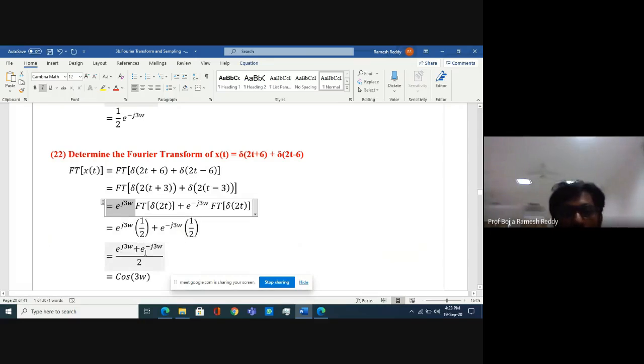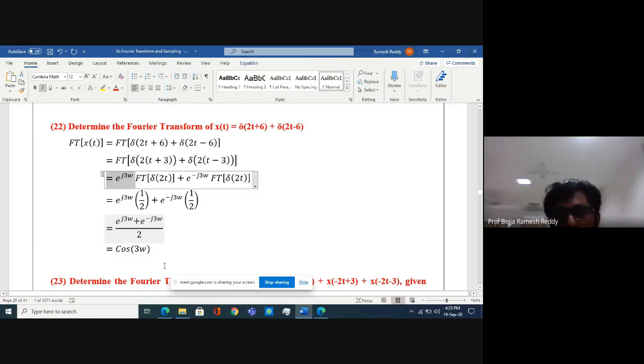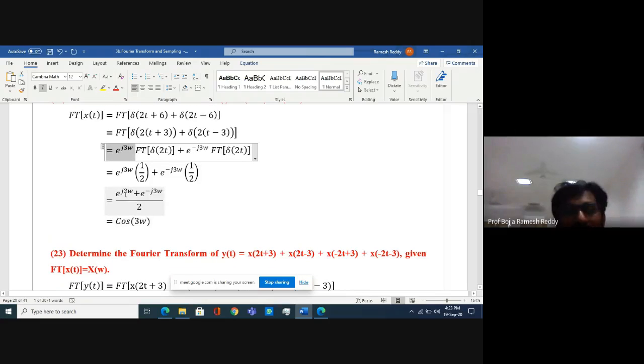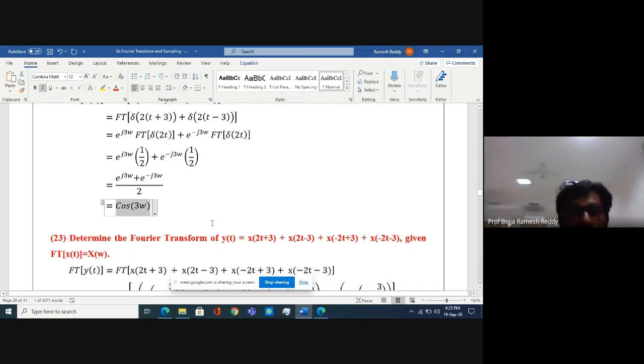Now take 1 by 2 common outside, the remaining part is e power j3 omega plus e power minus j3 omega divided by 2. It is of the form e power j theta plus e power minus j theta by 2, that is cos theta, so cos 3 omega. Next question.